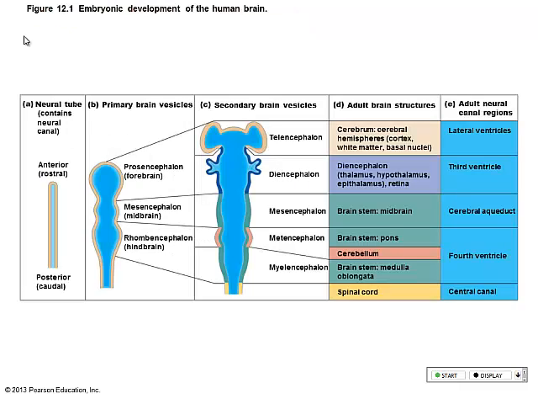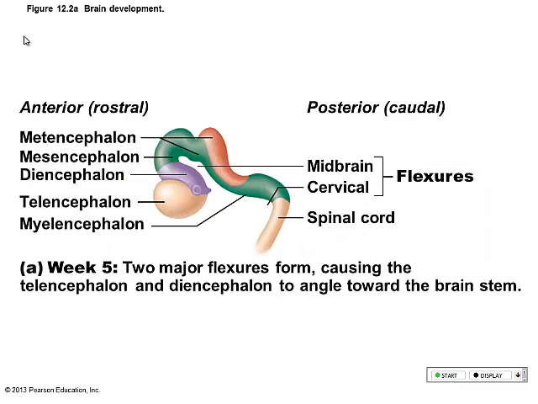Again, when you look at this diagram, general, think general. Is this the adult brain? No. What does it say? 5 weeks. 5 weeks of fetal development. You're already starting to develop your central nervous system. So we start to see that tube starting to do what? Twist and fold and turn on itself. And we start to develop these different areas.